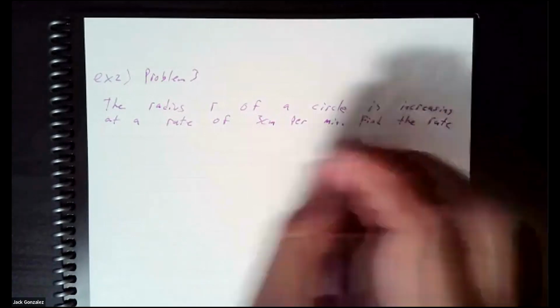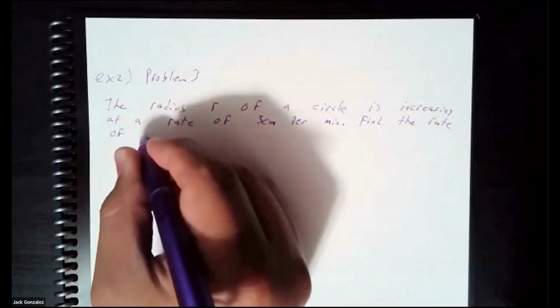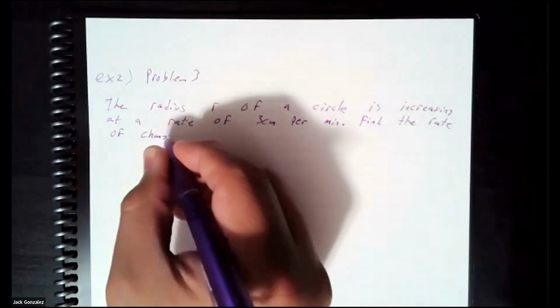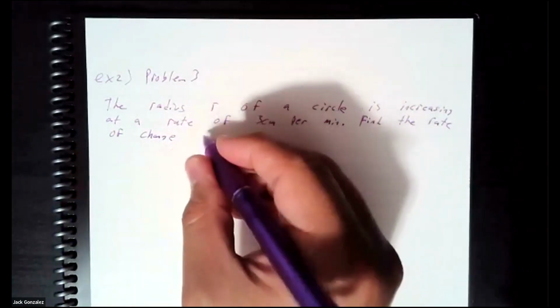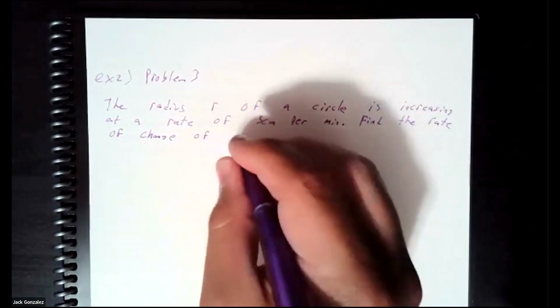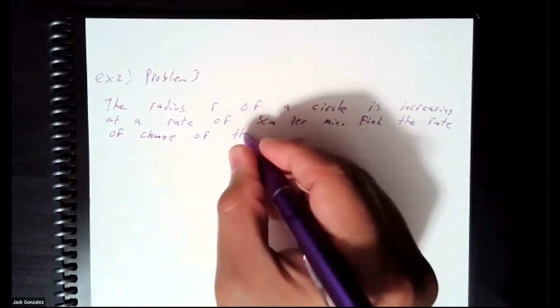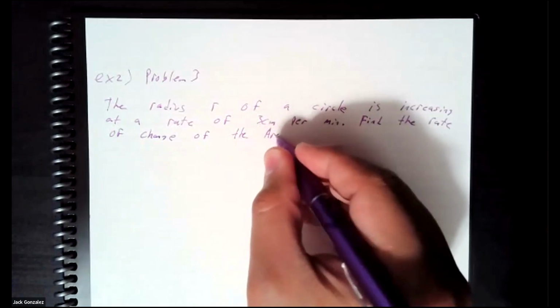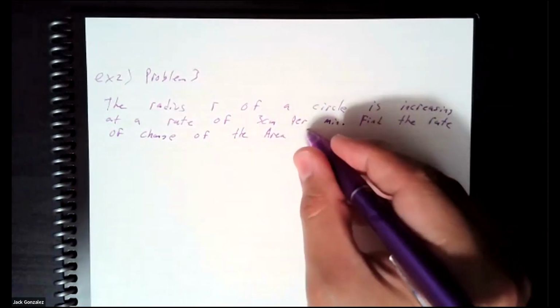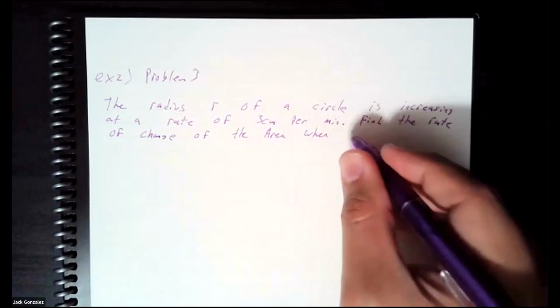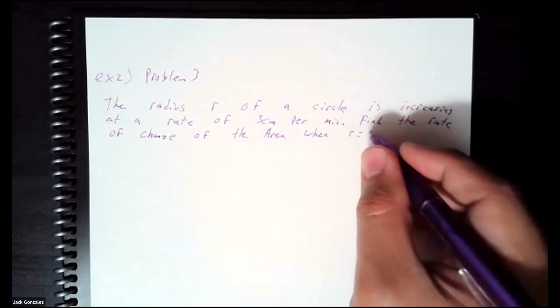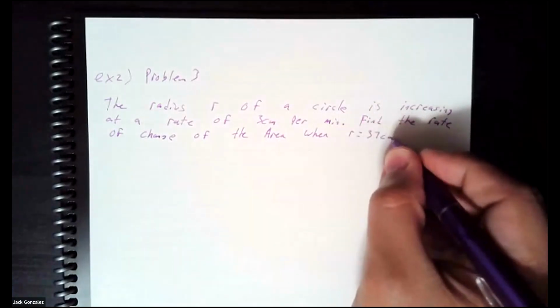Find the rate of change of the area when your radius r is equal to 37 centimeters.